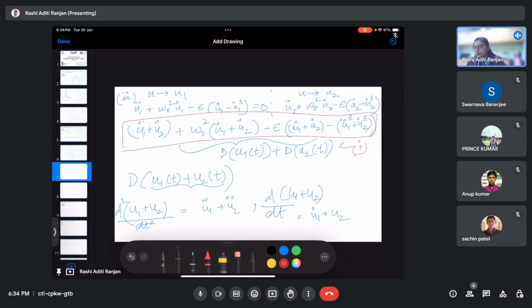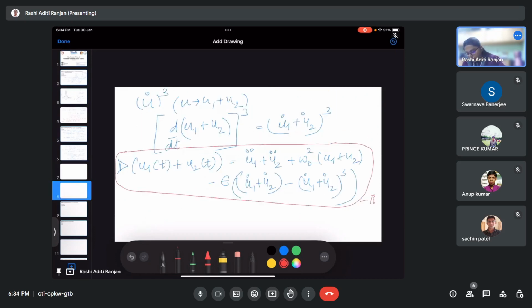So here, on comparing 1 and 2, what do we get? That u1 dot whole cube plus u2 dot whole cube is not at all equal to u1 dot plus u2 dot whole cube, isn't it?